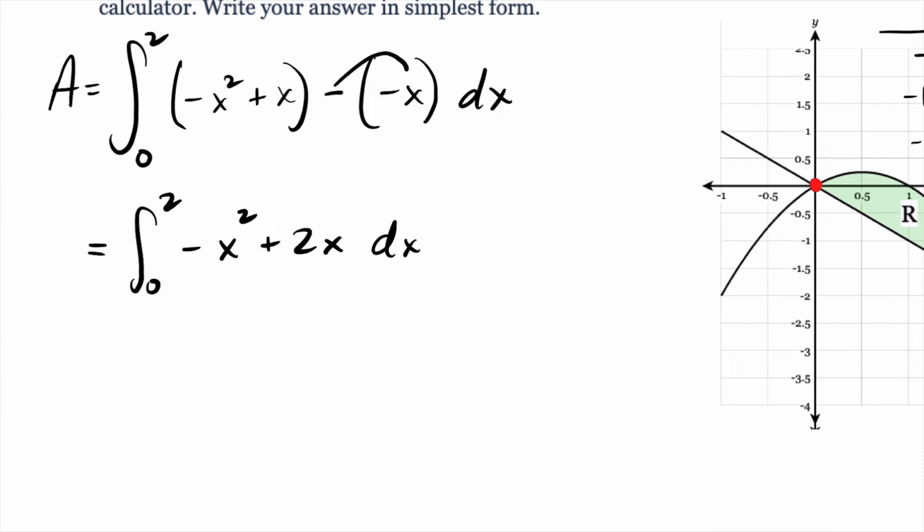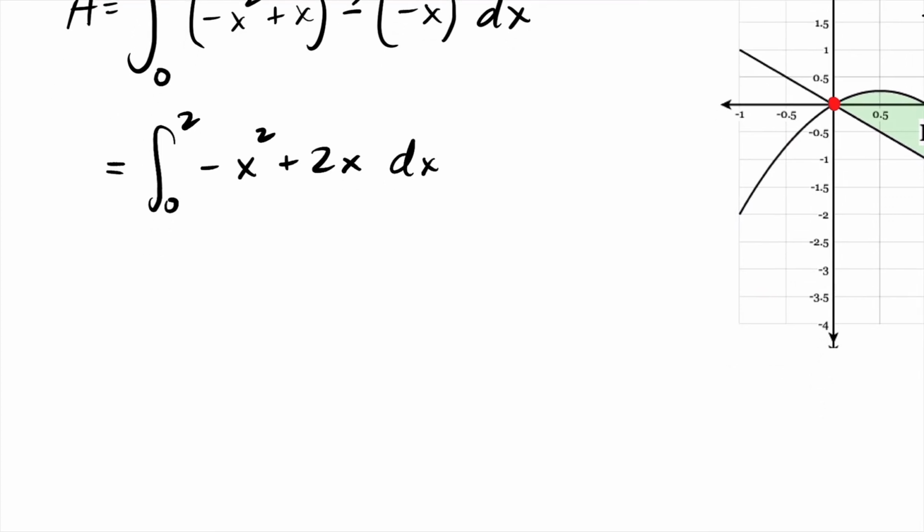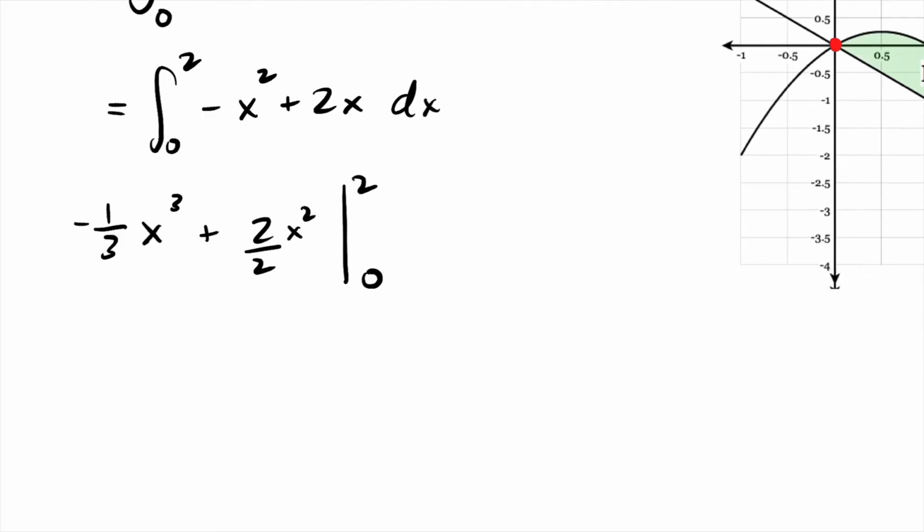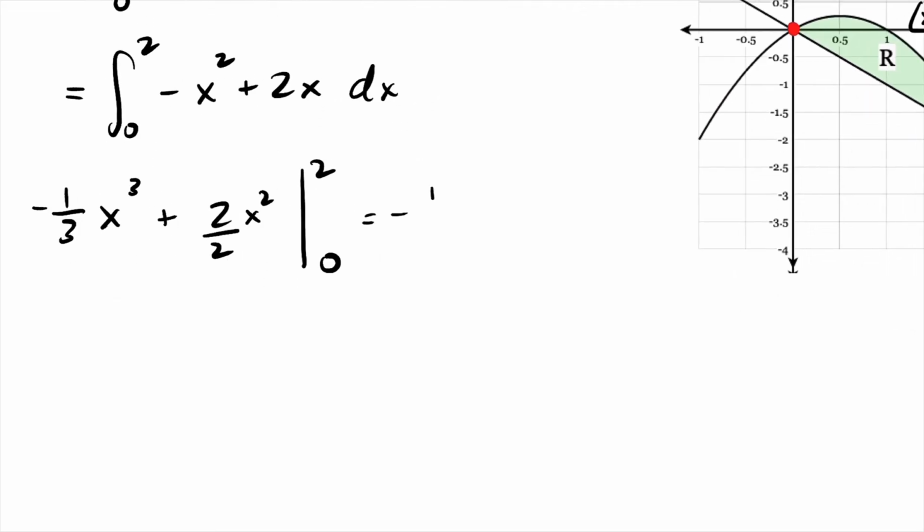When you integrate, it's going to be negative 1/3 x cubed plus 2x squared divided by 2, from 2 to 0. So negative 1/3 x cubed plus x squared from 2 to 0. Plug in 2, plug in 0, you're done.